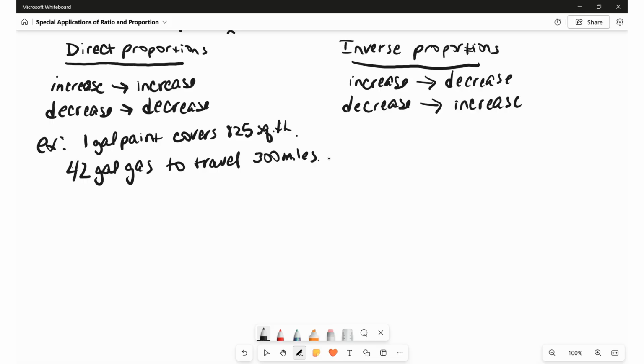But what about inverse proportions? Well, there are some inverse proportions where we're talking about, say, pressures. As one pressure increases, another decreases. So let me write this over here. We can talk about cylinder pressure.